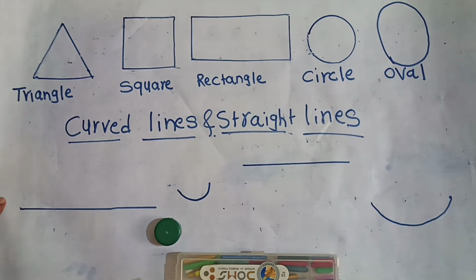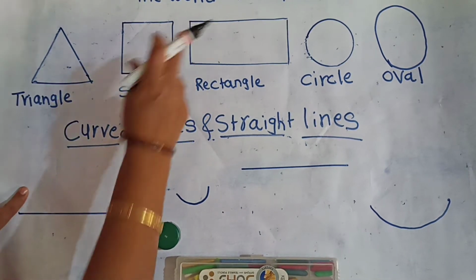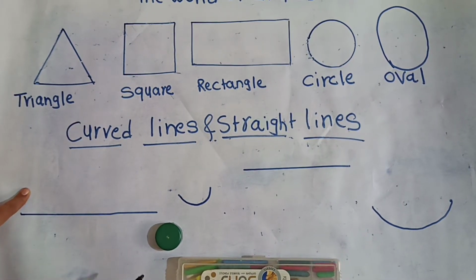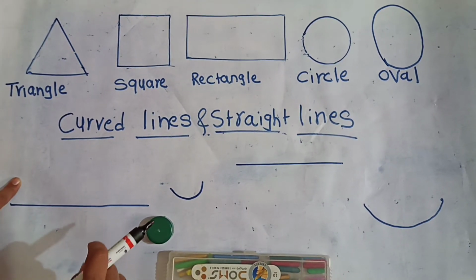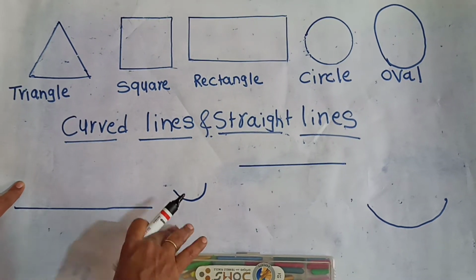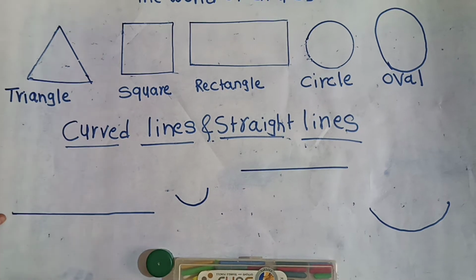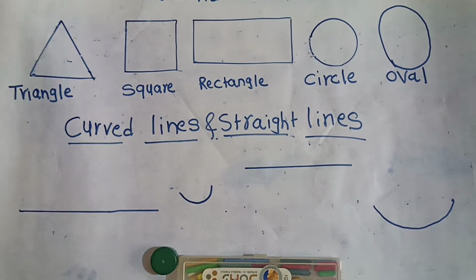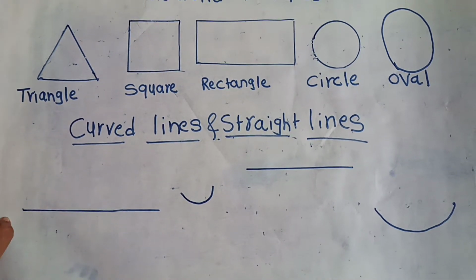Okay, and you know, triangle, square, rectangle are made of straight lines. Okay, and circle and ovals are made up of curve lines. Now I will tell you about horizontal, vertical and slanting lines.